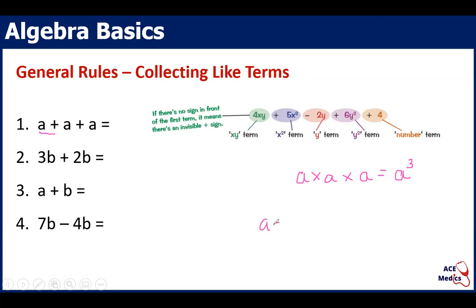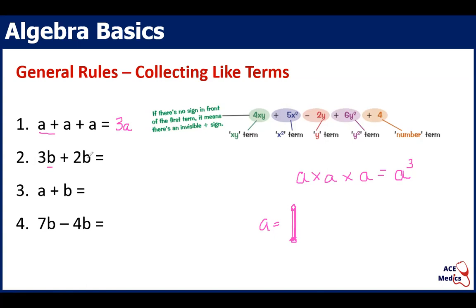So a is, here we go, a nice little pencil, really bad pencil, okay? The rubber on the end. Right, so an a is a pencil. Now, if I've got 3, so 1, 2, 3 of a, that's going to be 3a, yeah? So a plus a plus a is 3a.